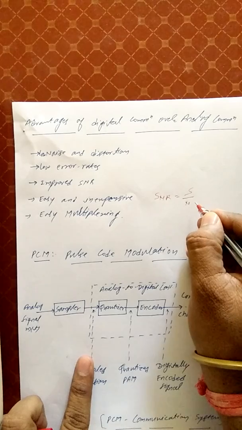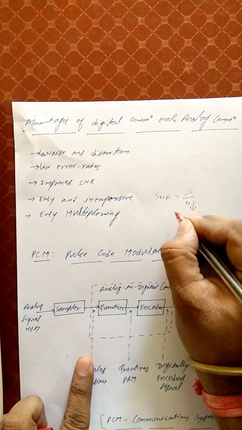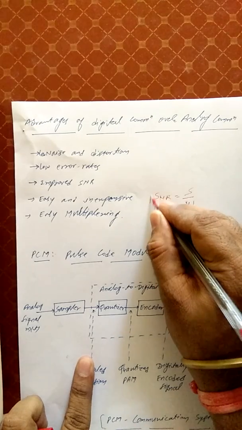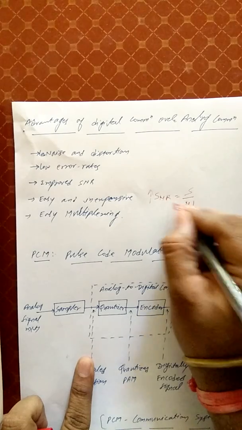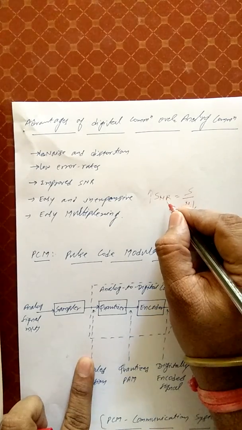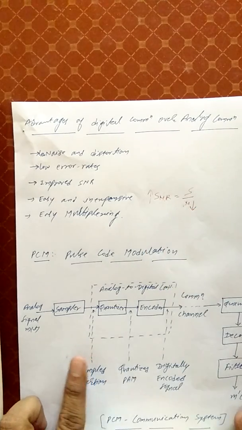In digital communication, noise is decreasing, so ultimately SNR is improved, because it is an inversely proportional relationship between the SNR and the noise.